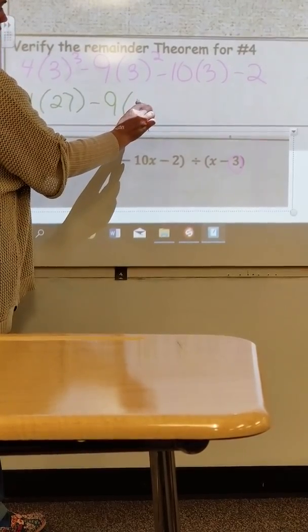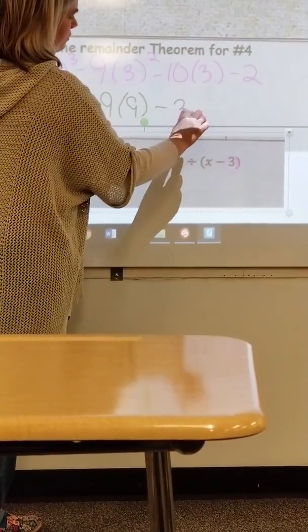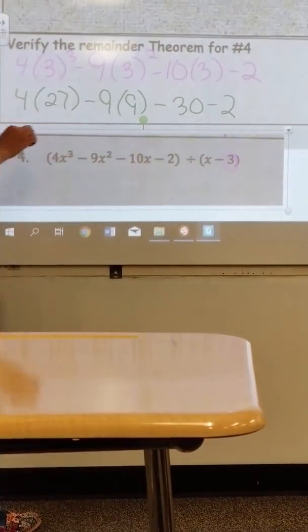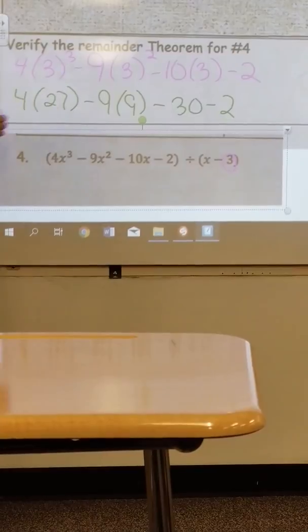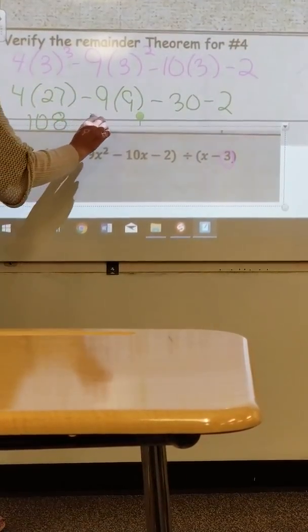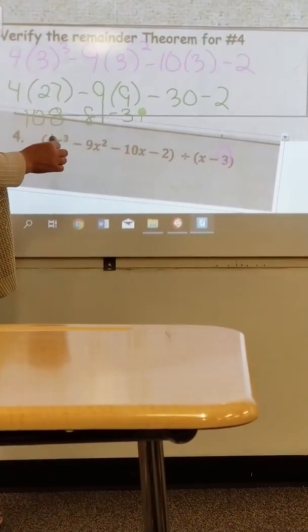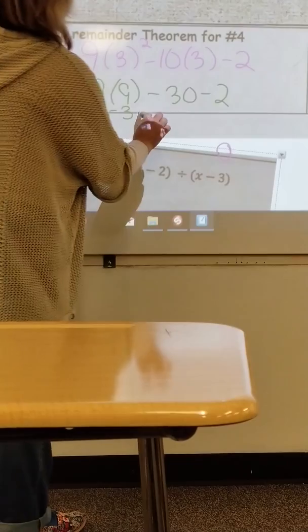Nobody knows 3 times 3? Oh, no. And then you can do 10 times 3 for 30 minus 2. Okay? 4 times 27, I'll give you that one, that's 108. Minus 81, minus 30, oops. Whoopsie. Minus 2.